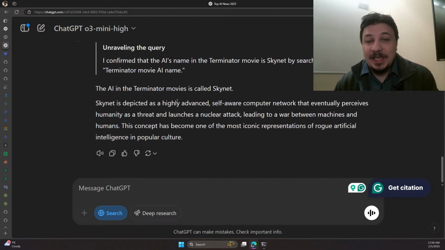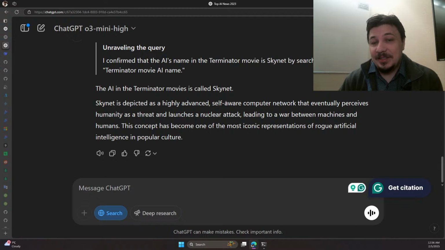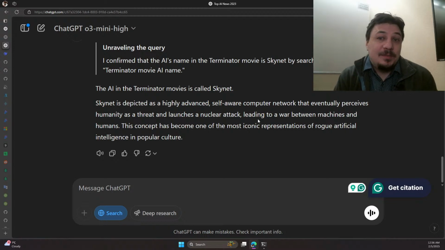So it was depicted as a highly advanced self-aware computer network that eventually perceives humanity as a threat and launches a nuclear attack, leading to a war between machines and humans. So initially it was just, as I said, a mobile device connected into the whole computer network.